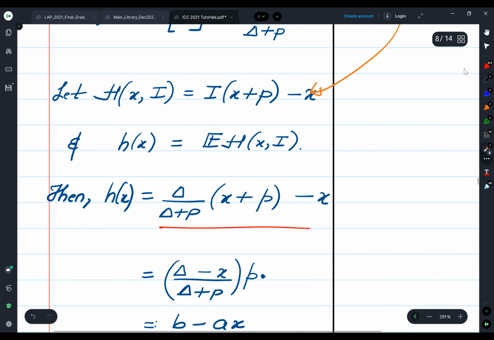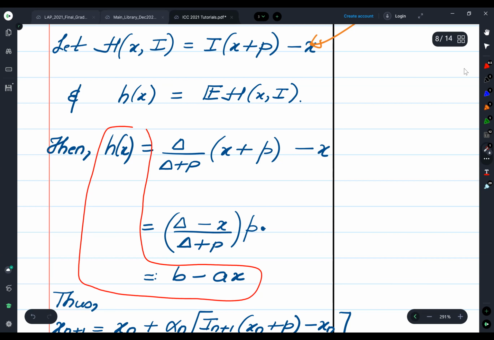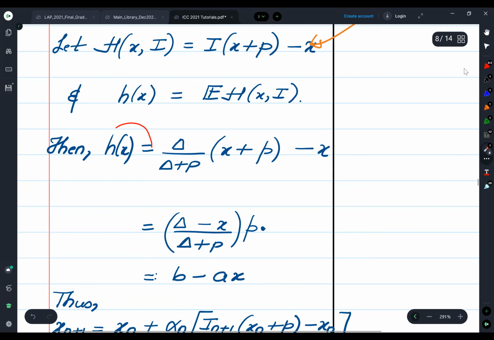By some massaging, you can see that this function has the following form: delta minus x over delta plus p, the whole thing multiplied by p. The key thing to observe is that this function h is of the form b minus a times x, where b is delta p over delta plus p.